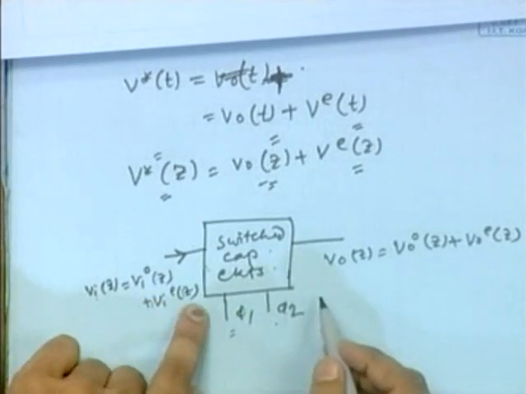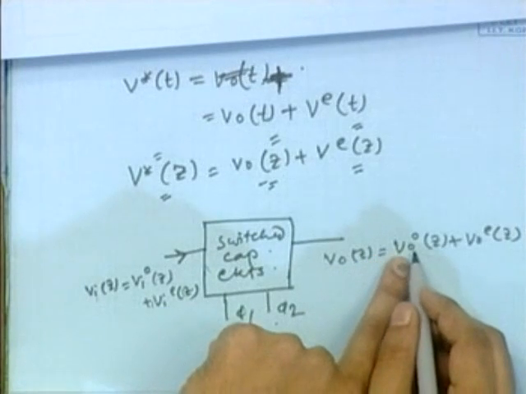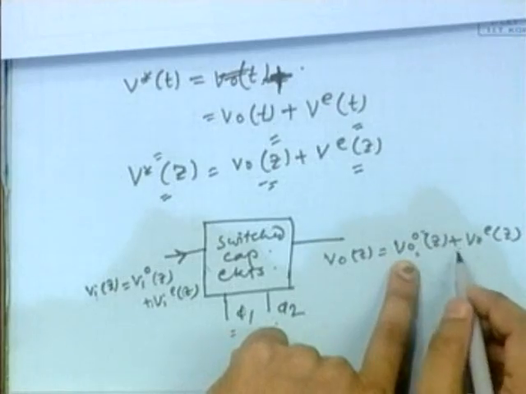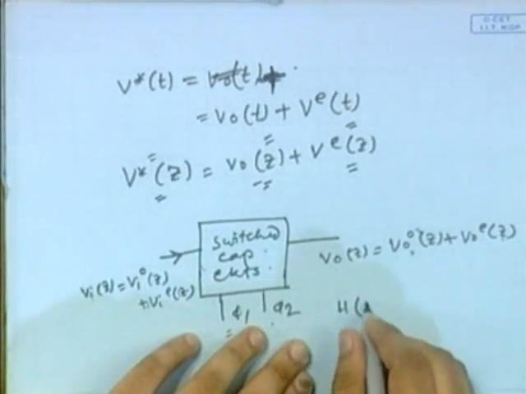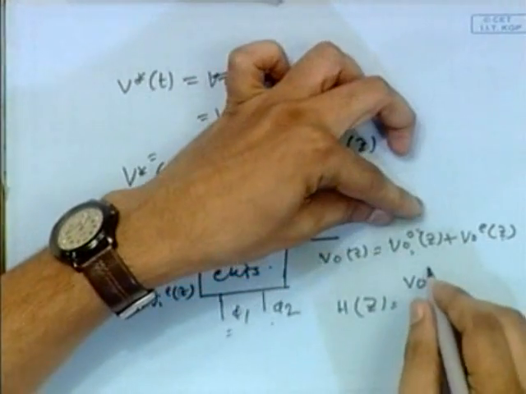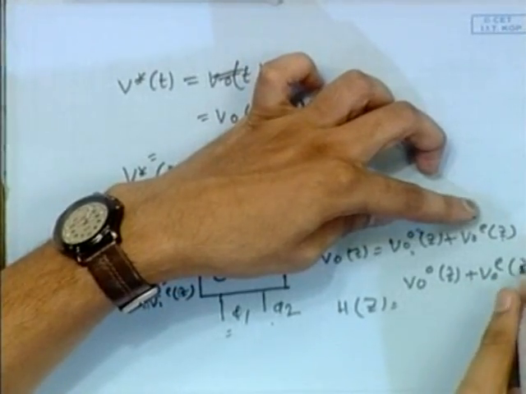Now the output we are getting, V_out(z), is V with this suffix for the output, and again for the odd function and the even function. So the transfer function is V_O(z) plus the even part.